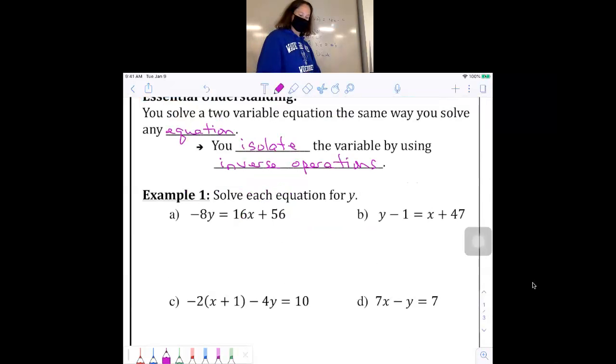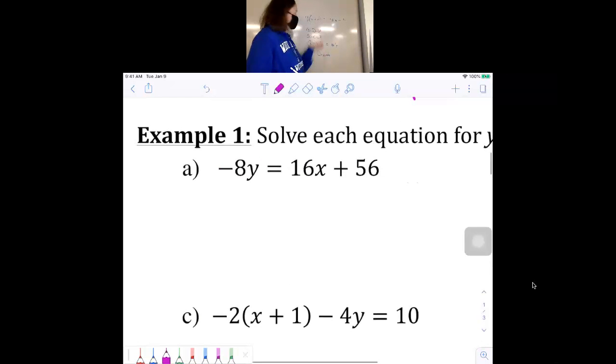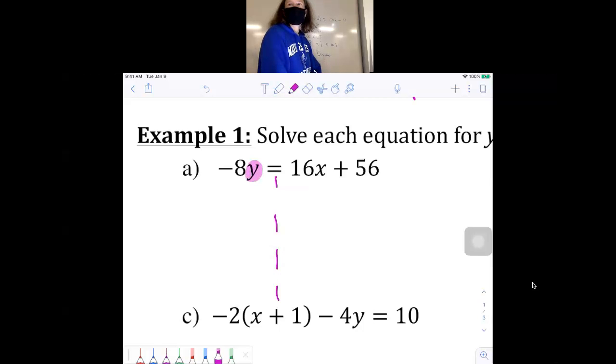So let's take a look at A. It's the same steps. So I'm going to draw my line. What I highly encourage you to do is highlight y or circle y if you don't have a highlighter. You need to locate where it is because that's what we want by itself.